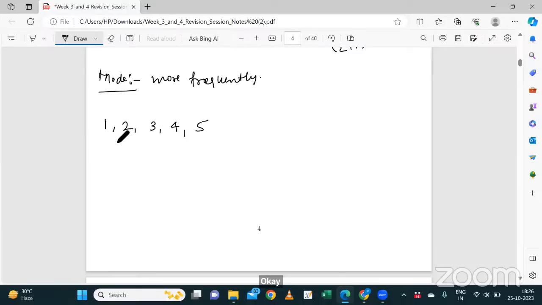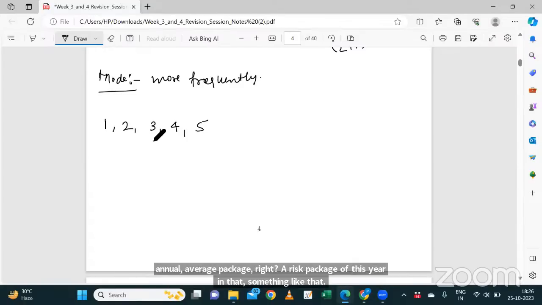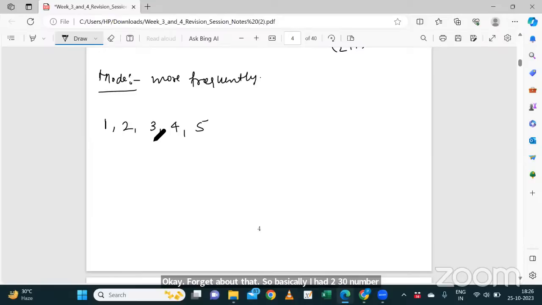Suppose these are the annual packages in lakhs of some 5 students of a university. Then you might be interested to know the average package of the students in that university. Forget about that. I took that example so that you can get an idea: suppose you want to represent your data set in a single number, what can that single number be?